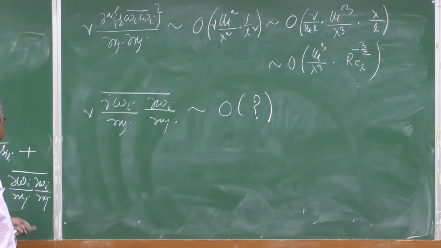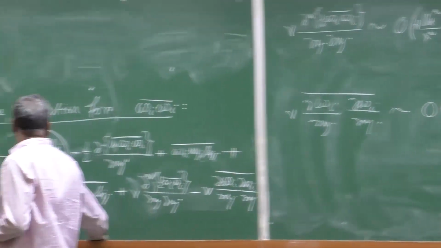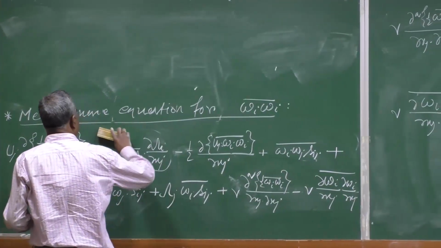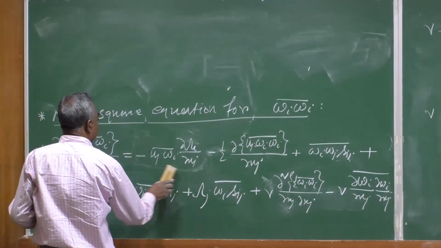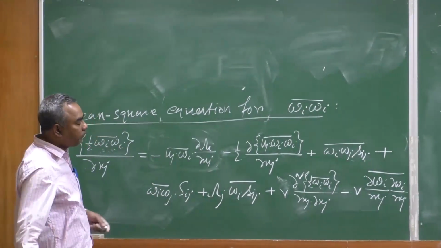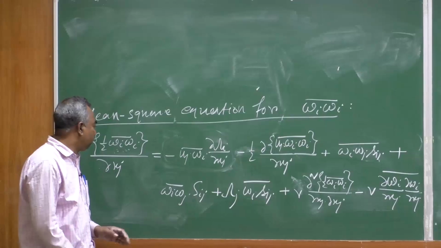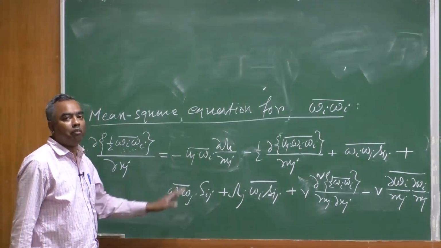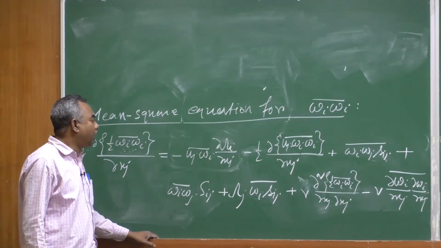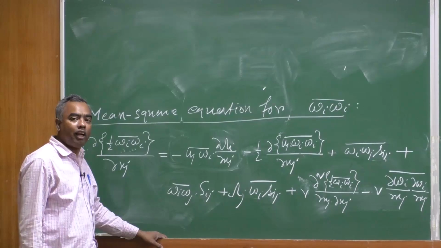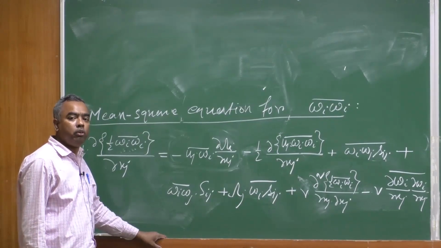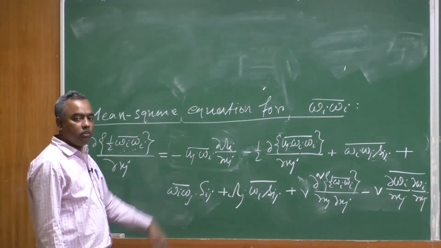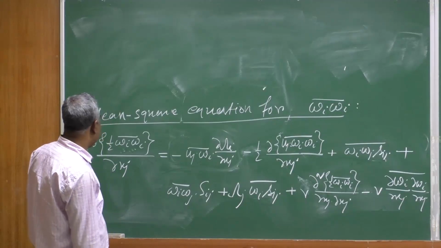So, if you see this equation now, okay, we have got the order of magnitude of each and every term, and some terms have come with respect to the Reynolds number, 1 by REL. Okay.